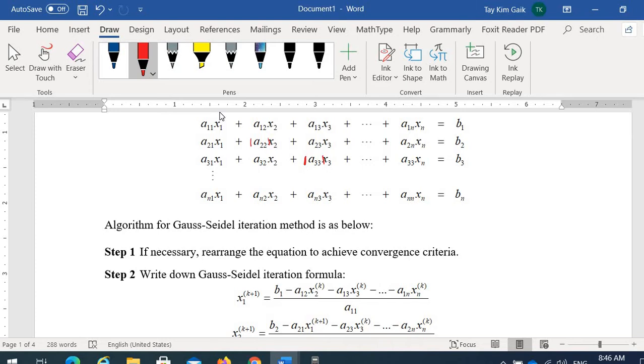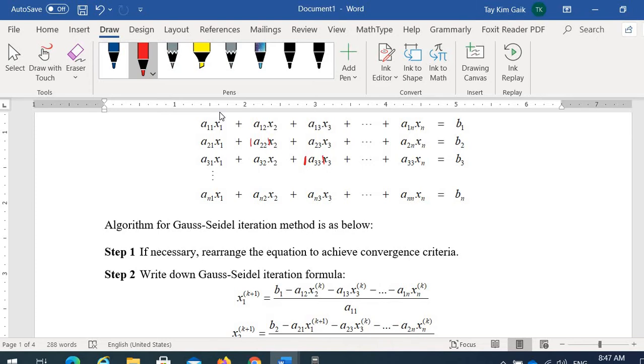For the right hand side, we start with iteration k, meaning k starts with 0, with x2 node, x3 node, xn node, you can get a better x1, that is x1 at iteration number 1. If the right side is k, the left side will be a better solution, so it will be x1 at k plus 1.